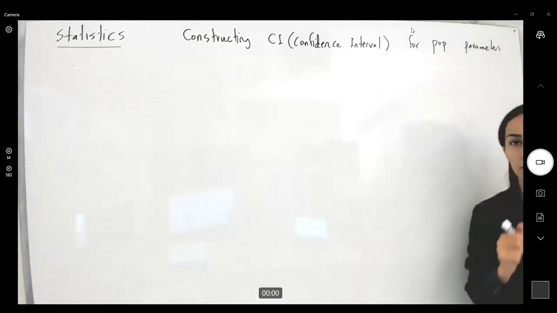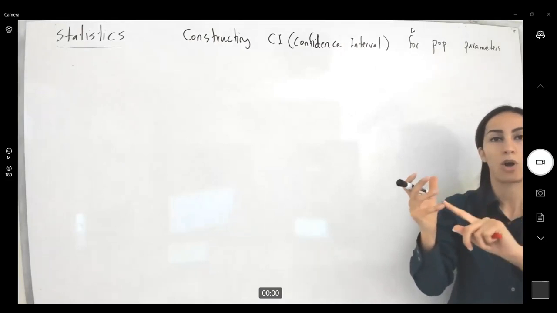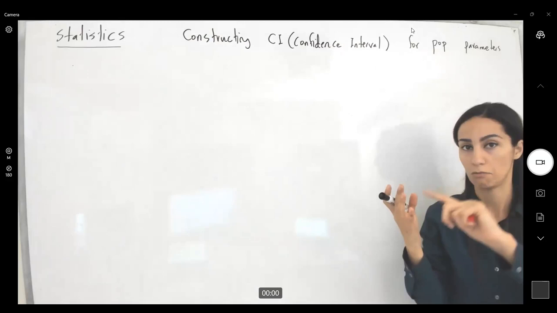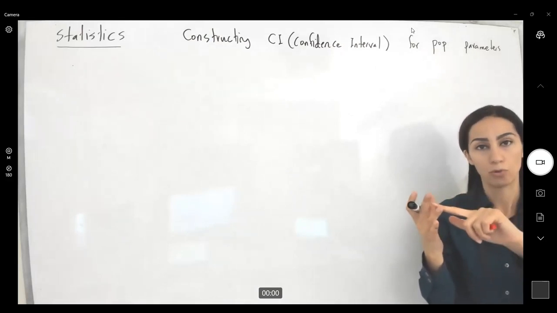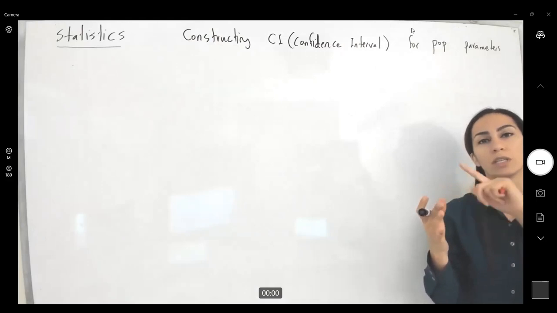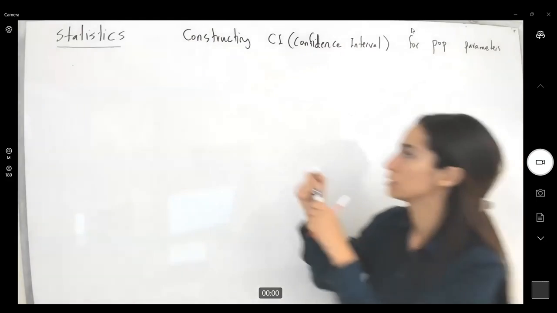Okay, so when you're talking about population parameters, it means that you either work with mu, the mean of the population, proportion, or you're working with population standard deviation or variance.